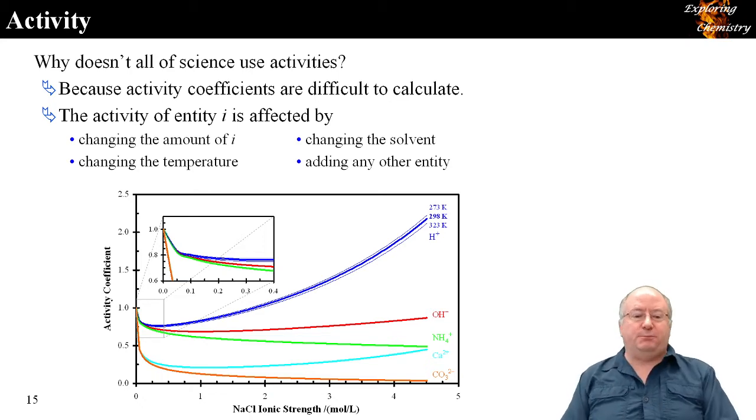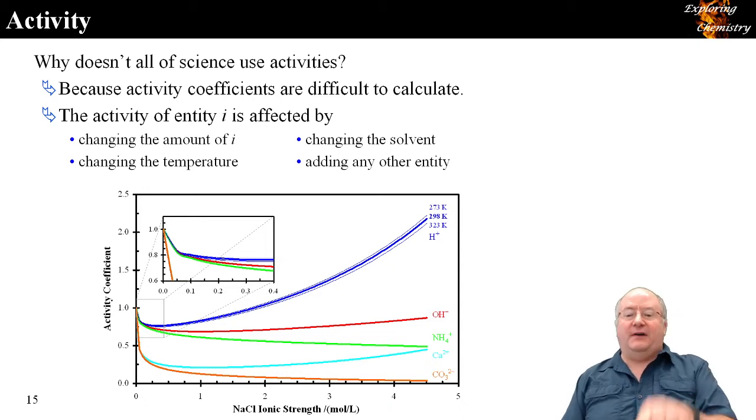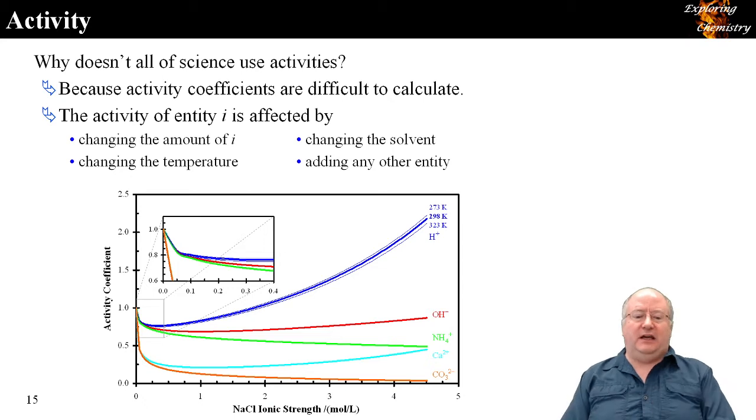The example presented in the graph here is the activity coefficient of a number of different ions: hydrogen, hydroxide, ammonia, calcium, carbonate. Just a selection of ions that gives you the activity in a salt water solution. So we're changing what's called the ionic strength, how much sodium chloride is present. Now, sodium doesn't react with any of those entities. Chloride doesn't react with any of those entities.